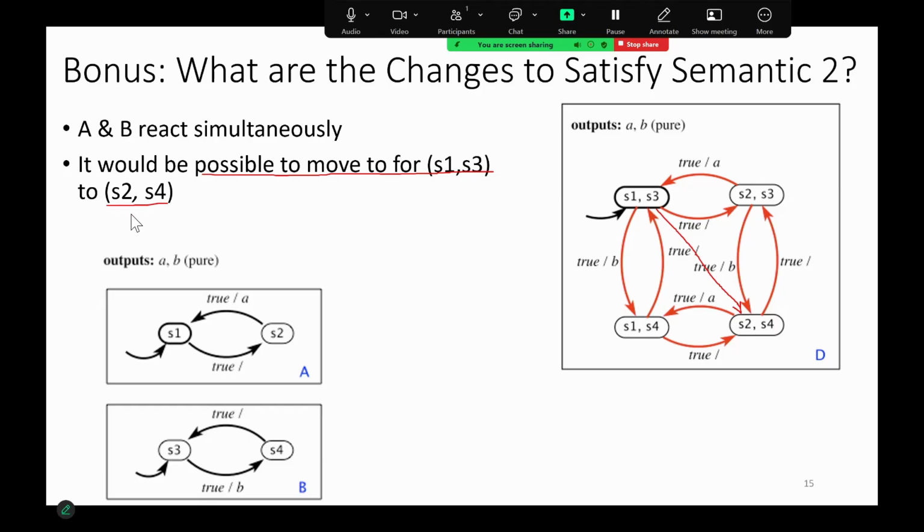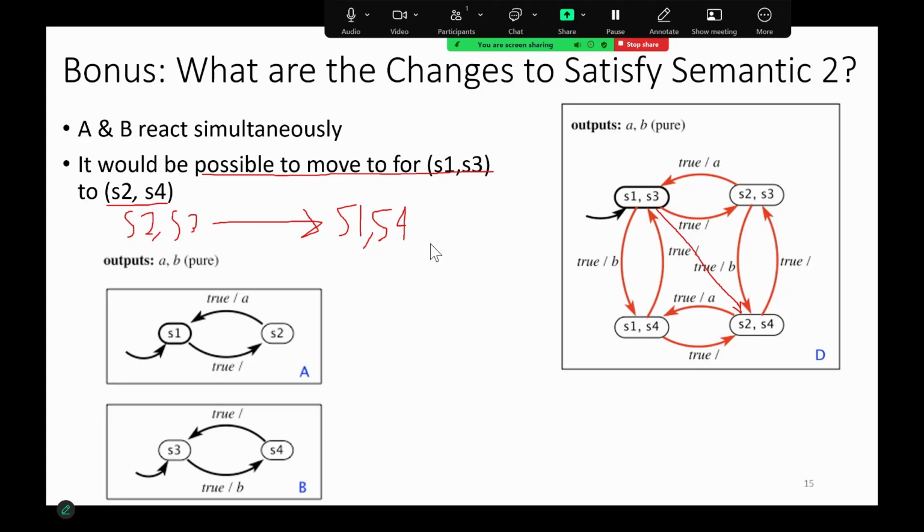You can add also a move from S2 S3, as your colleague said, to S1 S4, or make it a complete graph as you mentioned. Yeah, thank you.